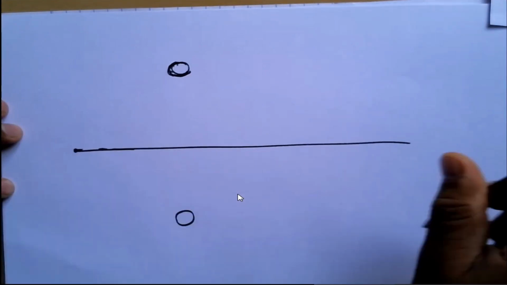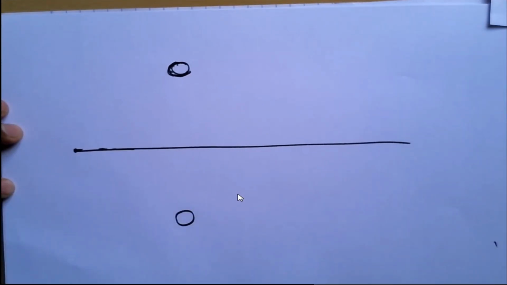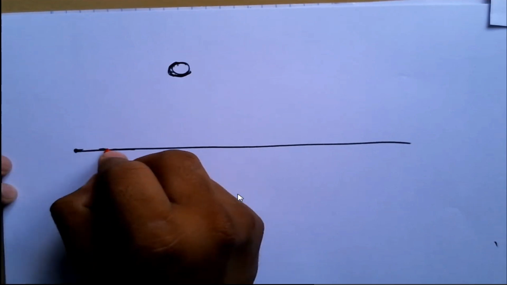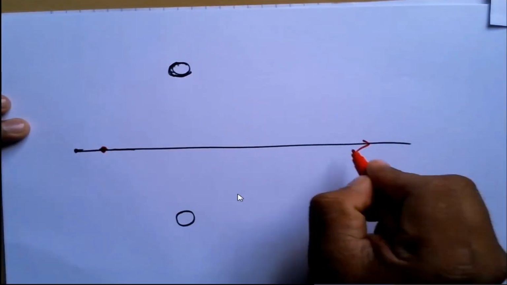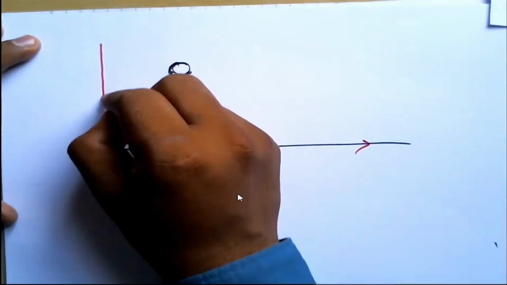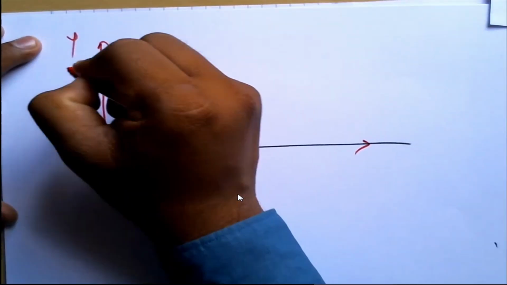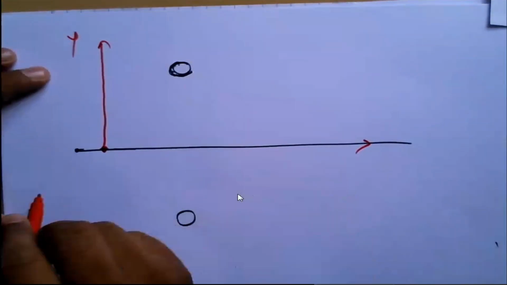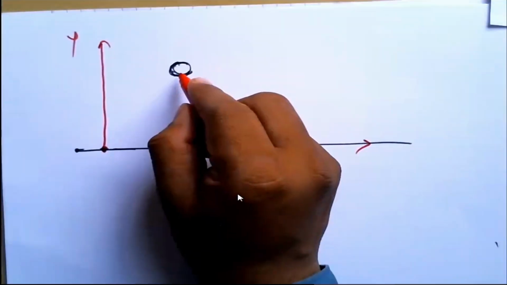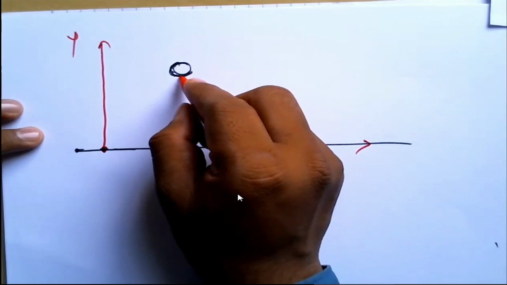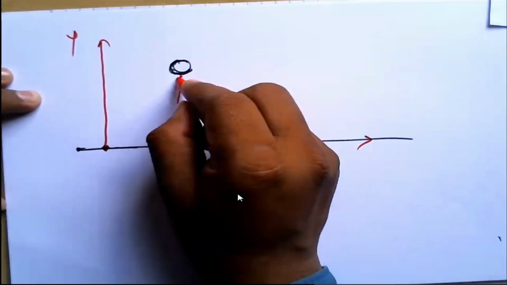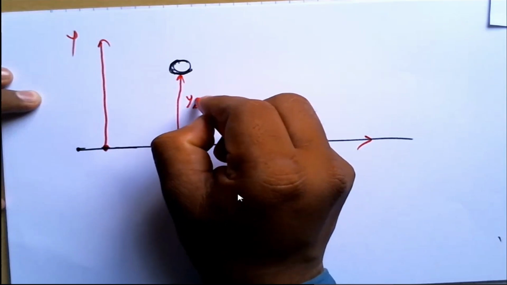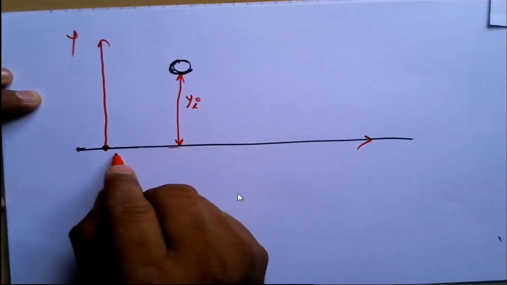So I will consider this is origin O, because we have to consider x and y axes. Let us suppose this is the y axis, this is the x axis, and this conductor is at a height, let us say yi.